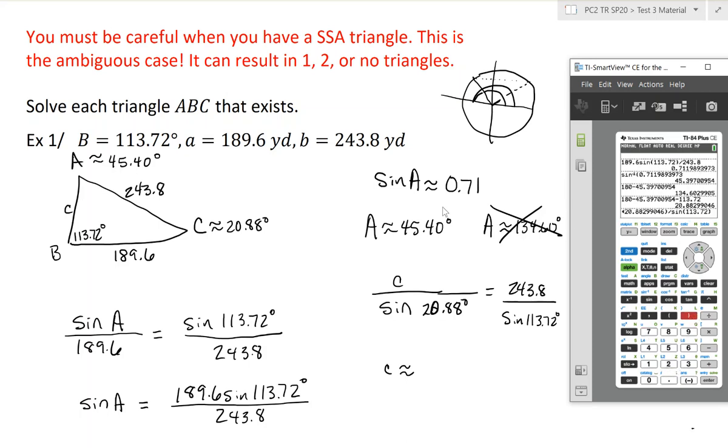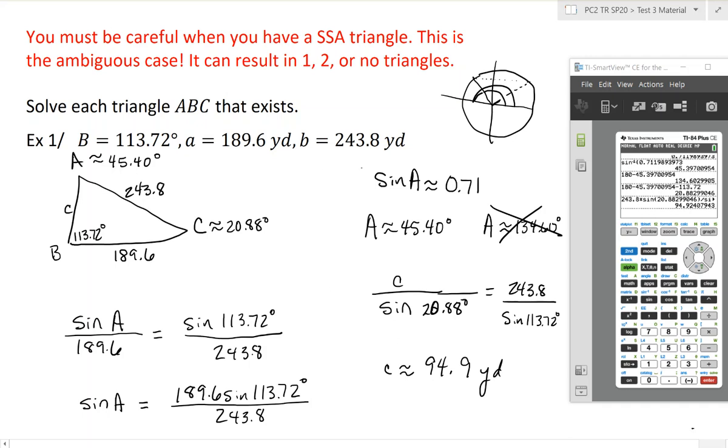So we don't have to go up and grab anything, you just take it from the given information. And I get about 94.9. It looks like our sides are being rounded to the tenths place, and the label is yards.